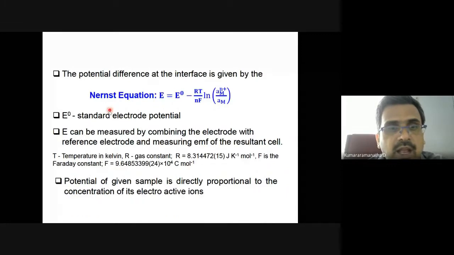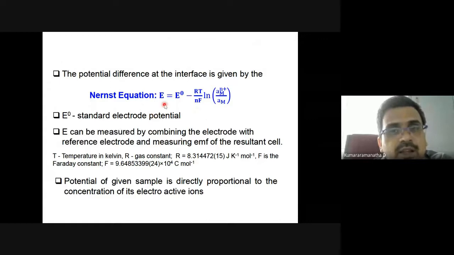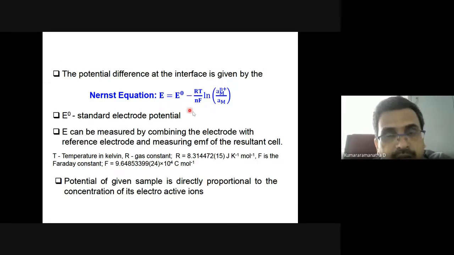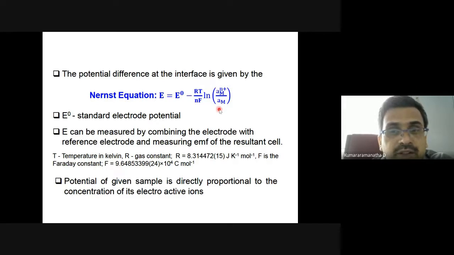And by looking at the Nernst equation, you can write E = E0 plus RT/nF times the log of the concentration ratio, whatever you are looking for, means Fe2+ to Fe3+. Then you have various factors, and you can calculate either the concentration or E for a particular reaction.